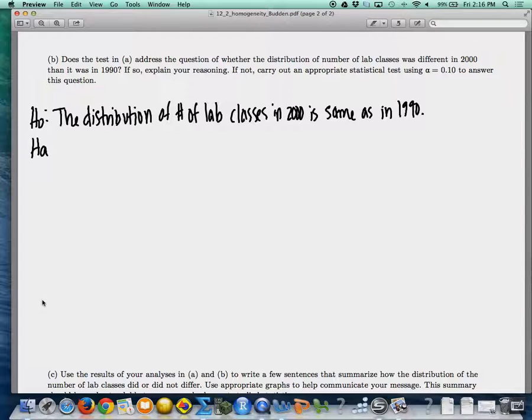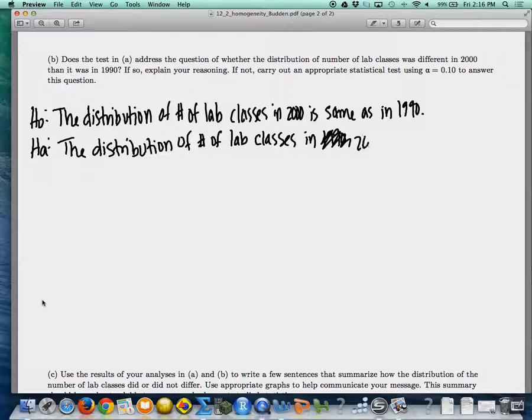So I'm going to assume that they're the same, and I'm going to look for evidence to the contrary. So our alternative is going to be the distribution of the number of lab classes in 2000 is different than in 1990.